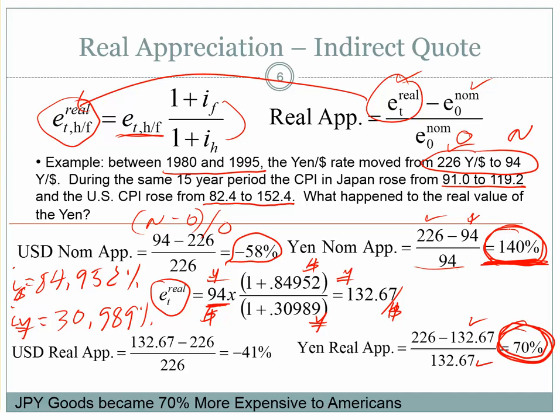Now the approximation with these large numbers isn't as close, because my approximation would have been, well, the nominal appreciation is 140, but they had roughly, 85 minus 30, roughly 55% lower inflation. So you get an approximation of 85% real appreciation, which doesn't get you the 70. And when you deal with large numbers, the approximation is not as close. But that's the concept.